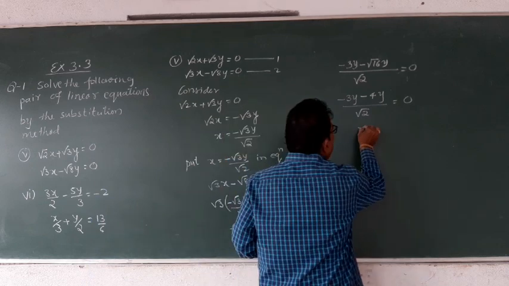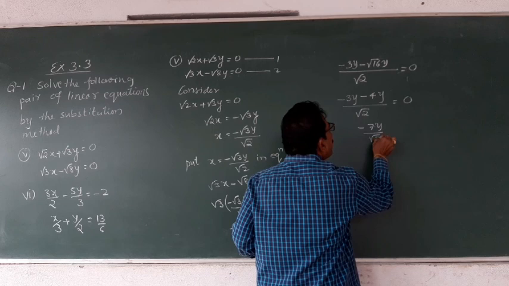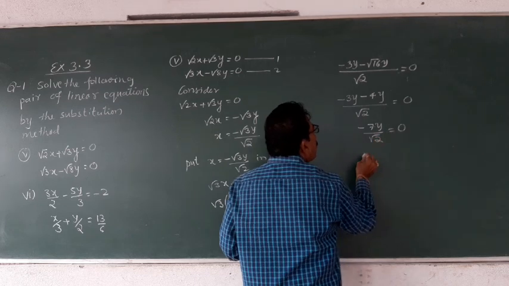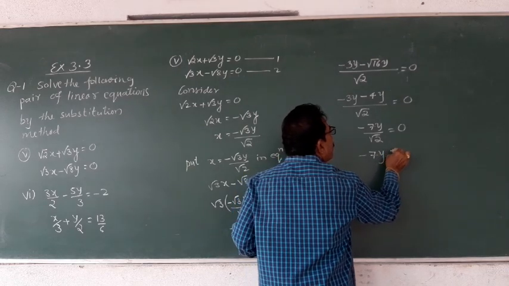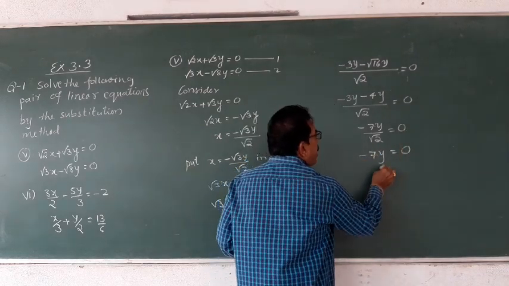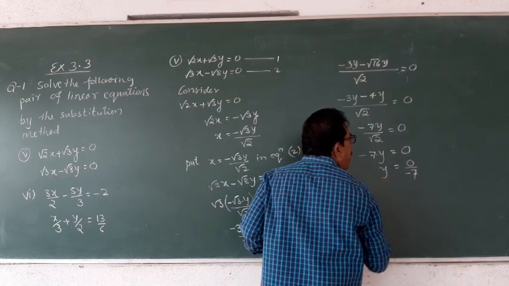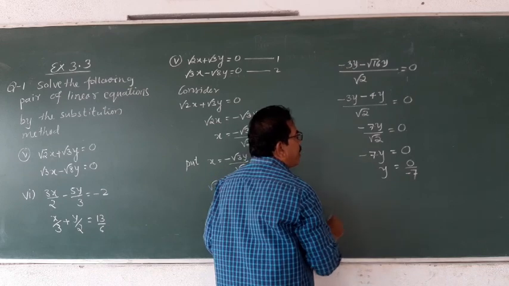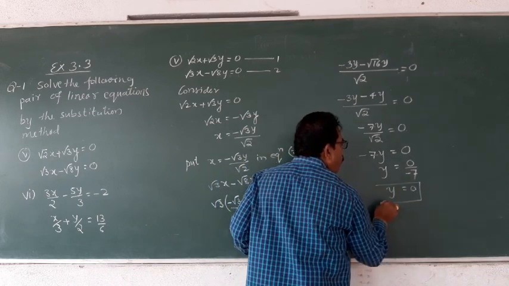So minus 7y divided by root 2 equals 0. Minus 7y equals root 2 into 0, that is 0. Therefore y equals 0 divided by minus 7, therefore y equals 0.